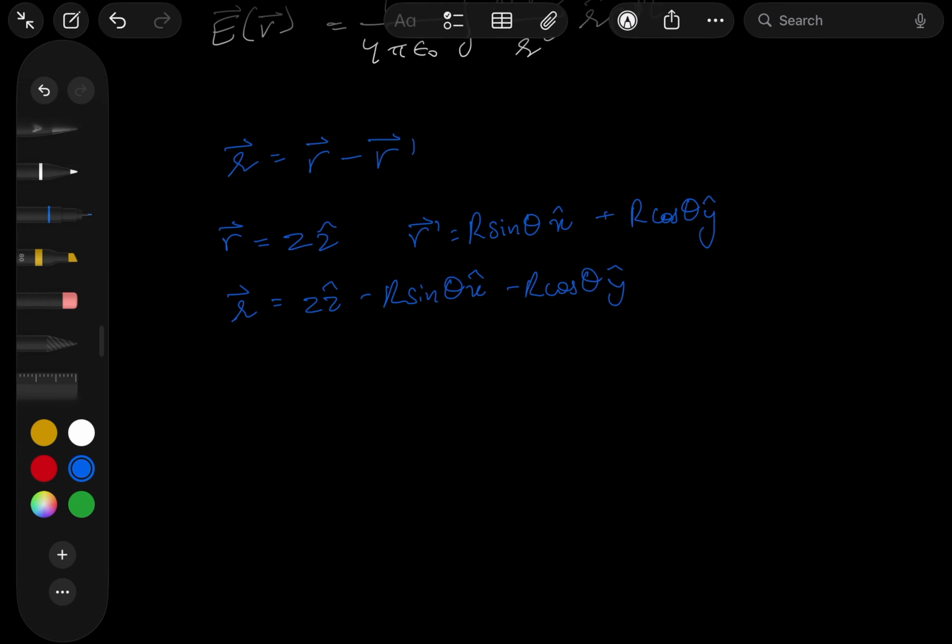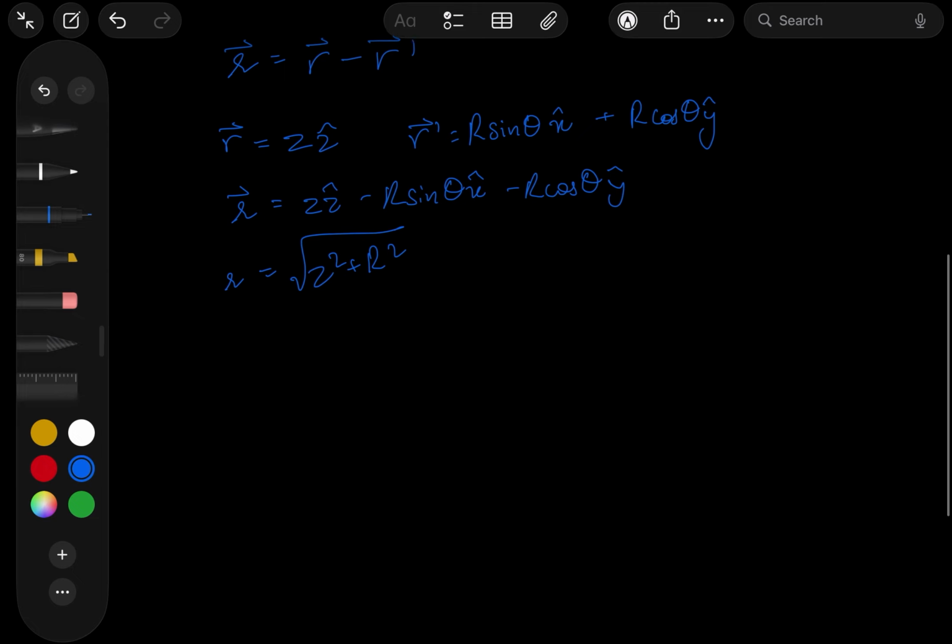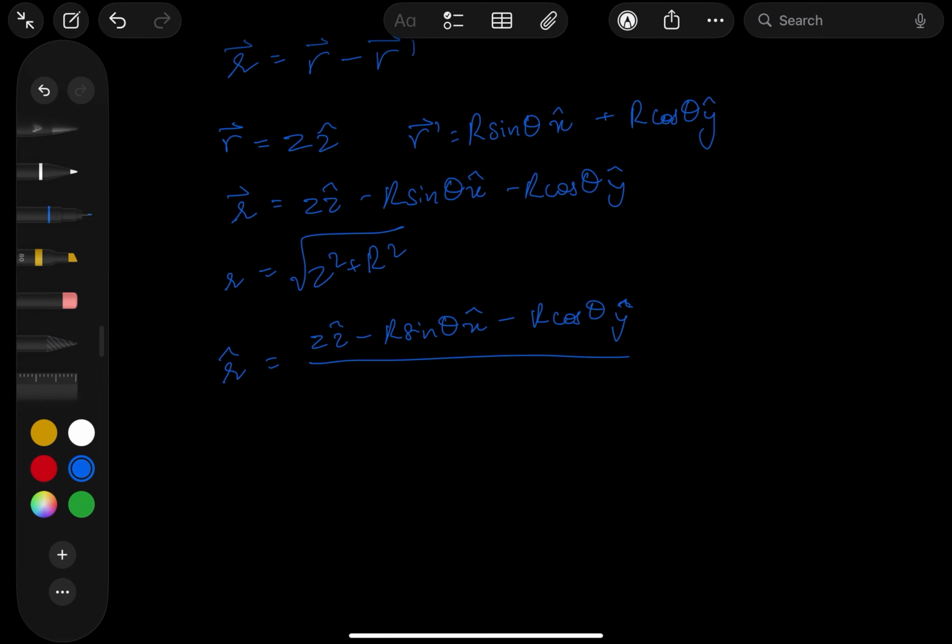And we get the magnitude of r is going to be the root of z square plus r square, and r hat is of course the vector r over the magnitude of r, so we get z hat minus r sine theta x hat minus r cos theta y hat over the root of z square plus r square.